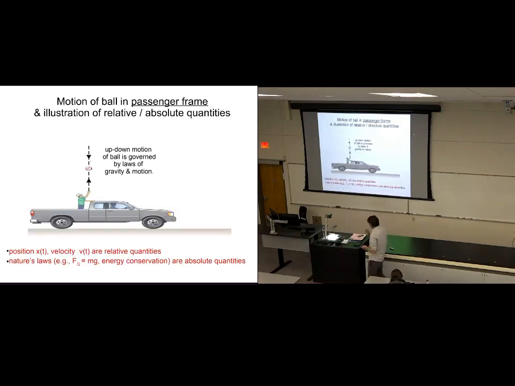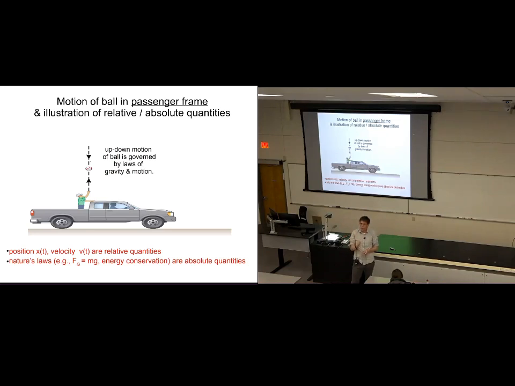Okay. So now I've got two slides in which we're going to look at a ball being thrown into the air. And we're going to look at the ball being thrown into the air from two different inertial reference frames. The first one is from what I'm calling the passenger reference frame, where the passenger is the person in the back of this truck.